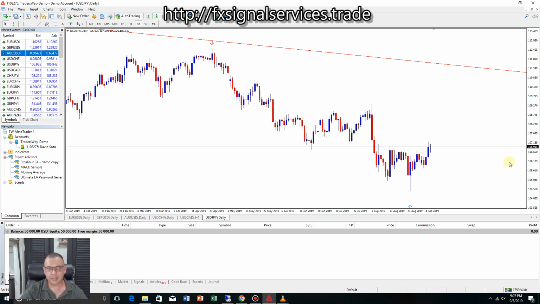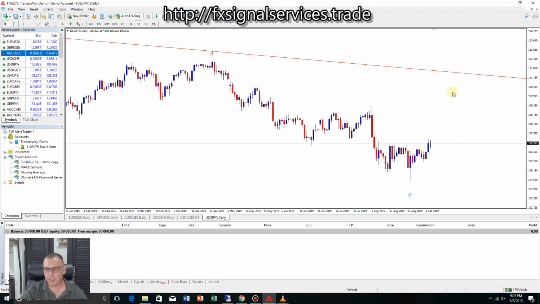This is on a daily chart, meaning we probably have a good 2 weeks before it touches again, so now is a good time to buy. I would definitely be looking for buy opportunities only, no matter what time frame you're on. If you're on a 15-minute or 30-minute chart, it's okay, but look for buy opportunities only for US dollar Japanese yen. As a matter of fact, you probably could just buy and hold long term.